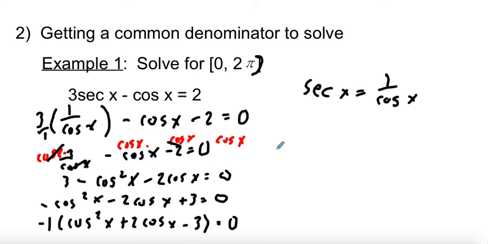Alright, so let's continue factoring that. I still have a negative 1 out here in the front. Now it looks like I've got a squared term, a middle term, and a last term, so I might as well factor that. What times what gives me cosine squared? That'd be cosine x.